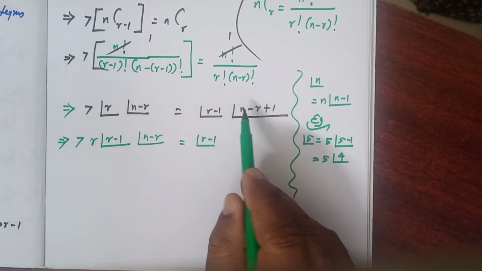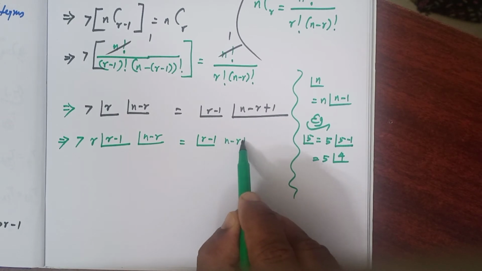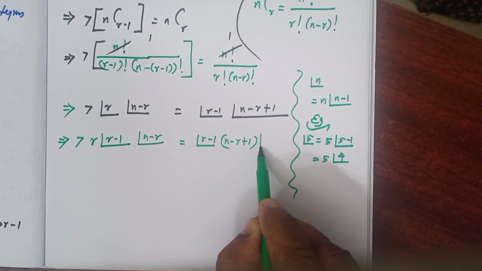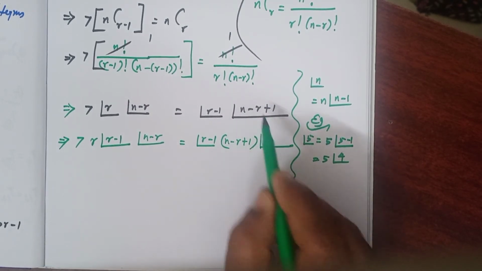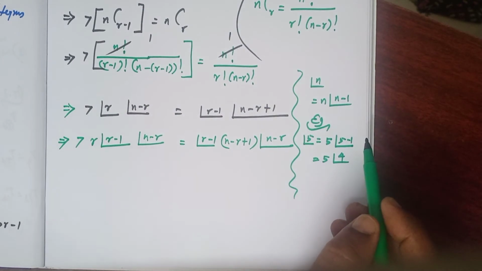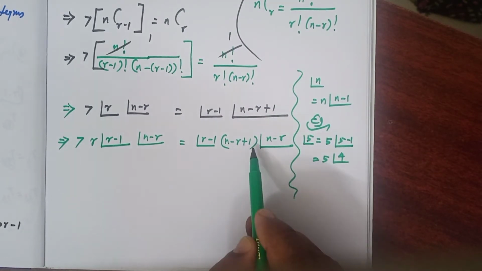So this can be written as, inside the factorial we have n minus r plus 1, as it is. Then reduce 1 here. If you reduce 1, the plus 1 minus 1 get cancelled, we get n minus r only. Once again I tell you, n minus r plus 1 as it is.